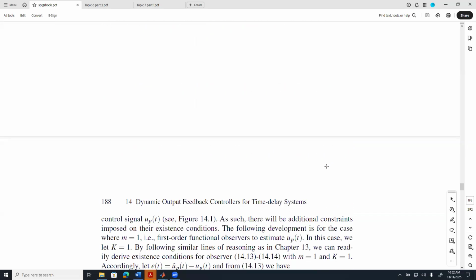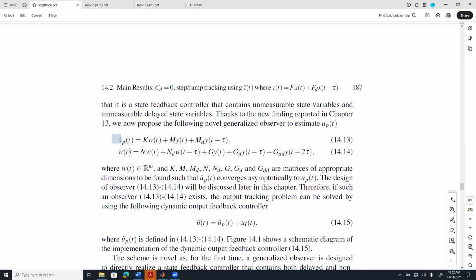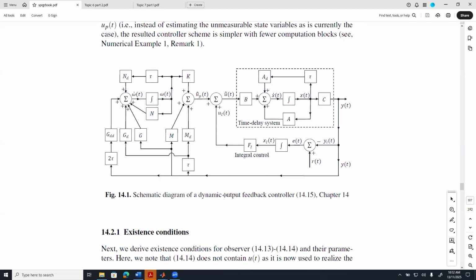It's important to point out that in this scheme we don't feed in any other control signal in there. It's based on the available output measurement and delayed output measurement. So we can call this a dynamic output feedback controller, if we want to.